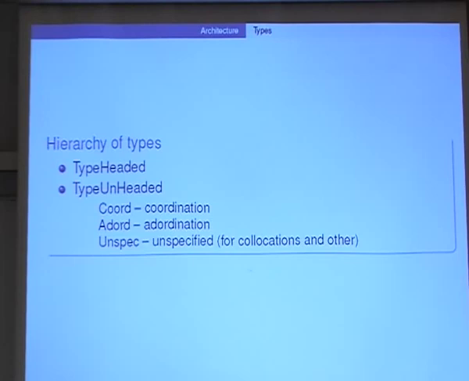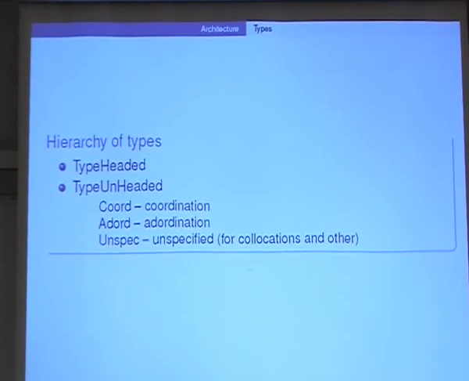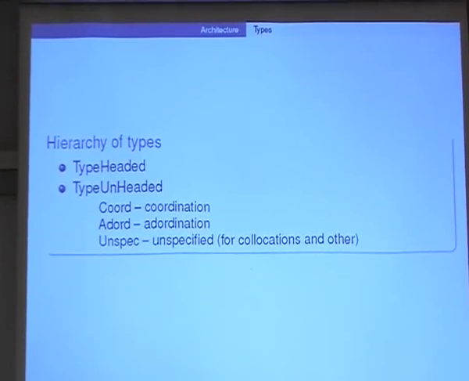The types. We work with two types, the type headed and the type unheaded. The headed type contains a head as a key element on which, in a dependency framework, other elements depend.